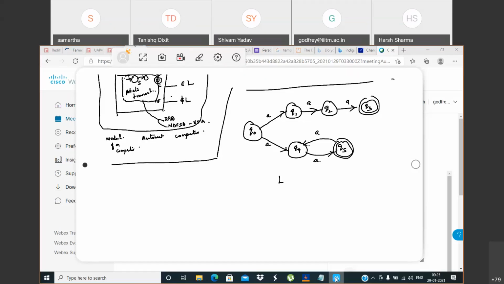What is the language? What are the set of strings of this language? What are the strings of this language?